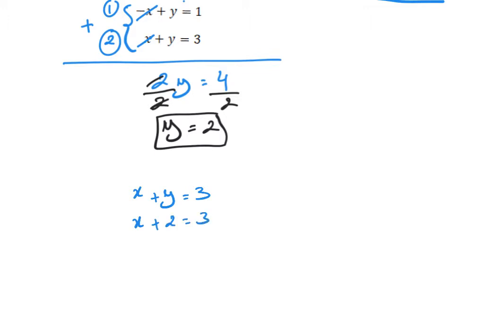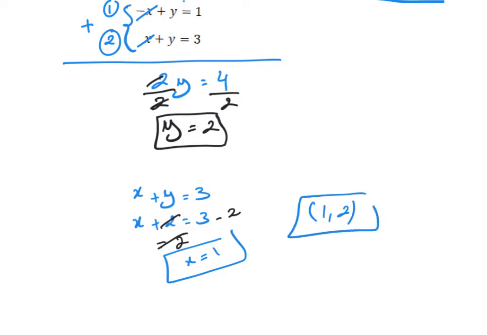Now I need to solve for x, so let's subtract 2 on both sides, and I will have x equals 1. As you can see, the solution of this system of two linear equations with two variables x, y is the ordered pair (1, 2).